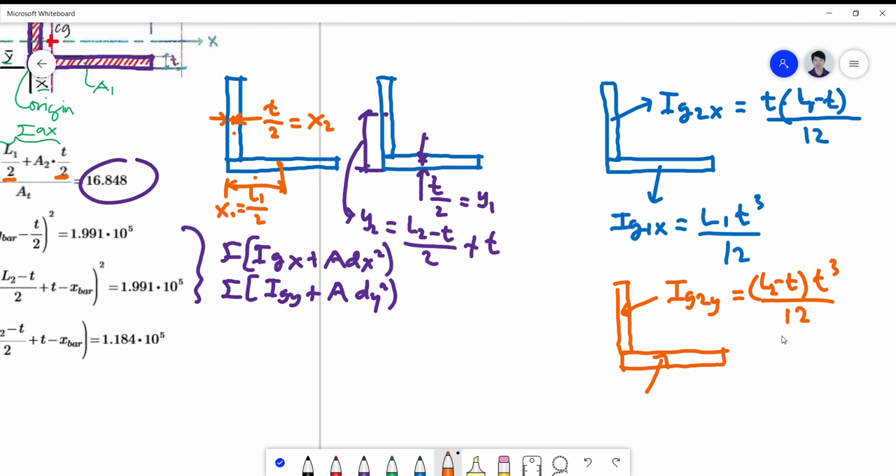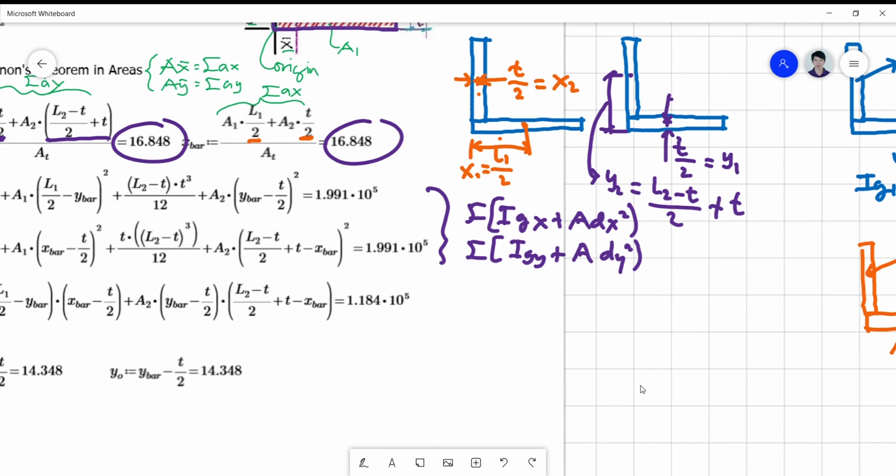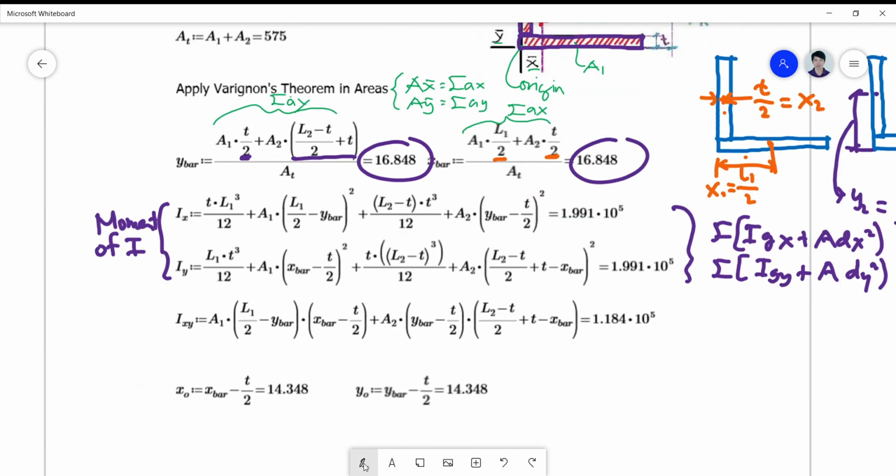And Ig1y is T L1 cubed over 12. Okay, so these are the ones that you will be plugging inside this equation for your Ix and Iy.